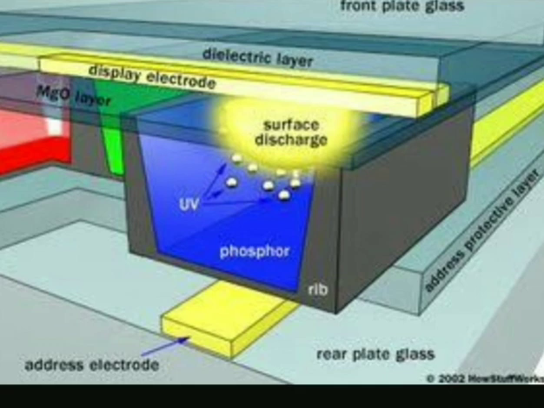The address electrodes sit behind the cells along the rear glass plate. Along the rear glass plate, we can see in yellow color the address electrodes. Next to that are the transparent display electrodes. We can see the display electrodes here at the upper side, with the dielectric layer below.